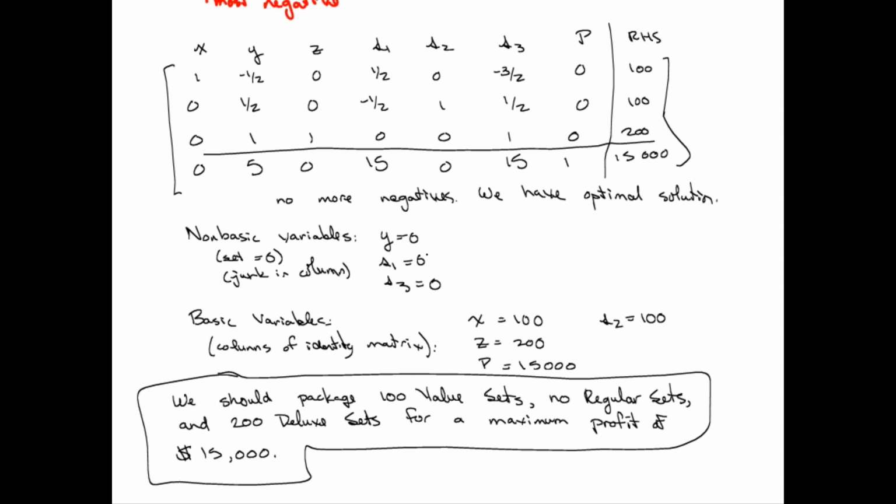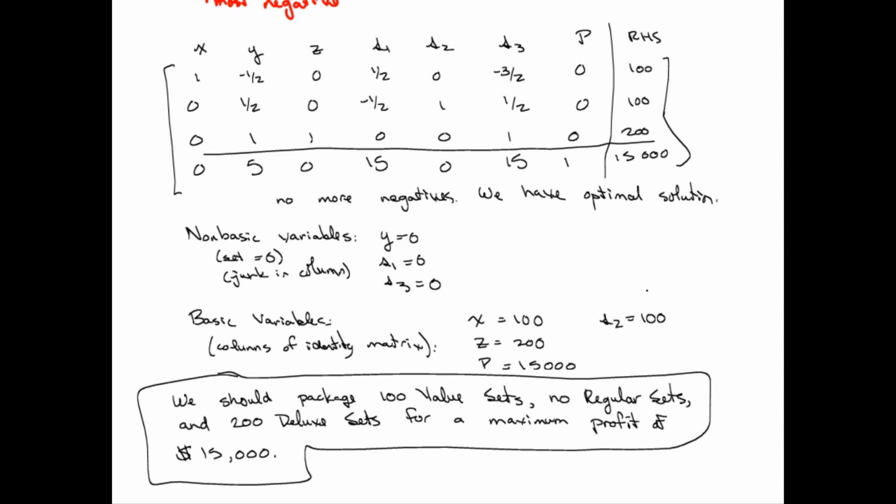S1 equals 0 means that we used up the entire supply of 800 paring knives. S2 equals 100. That represented the number of medium knives that were in the factory, so that means we have 100 leftover medium knives that didn't make it into a set. S3 equals 0. That one was from the chef's knives. That means we used up all of the chef's knives that were in the factory.